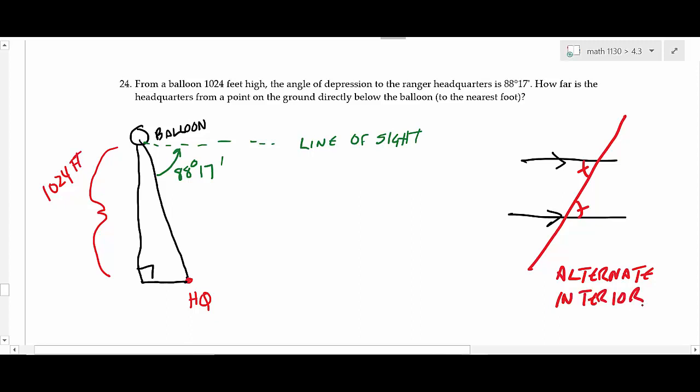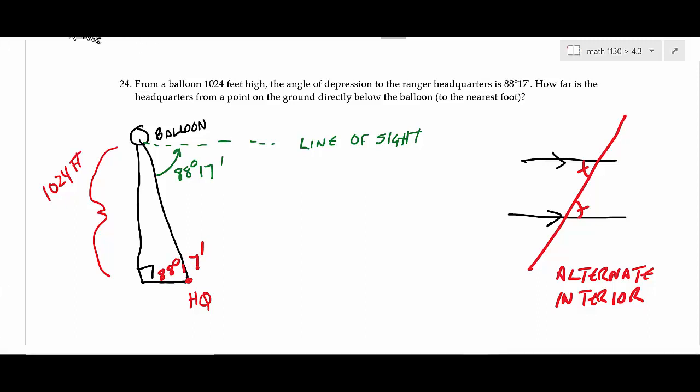It comes in handy. There's more than one way to do this, but what you really have is the ground and line of sight are parallel. So if that's 88, so is that. So automatically you can do that. You could also figure out that little angle there by subtracting from 90, right? You can do it either way, but it's nice to know that interior angle. So I'm just going to throw in right there, that angle is 88 degrees 17 minutes.